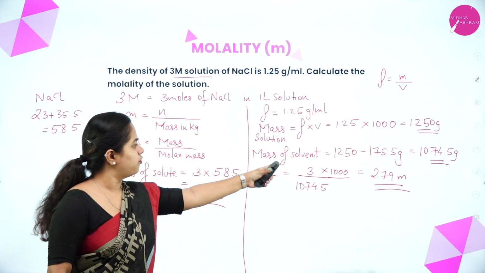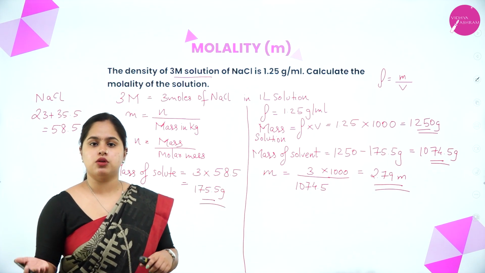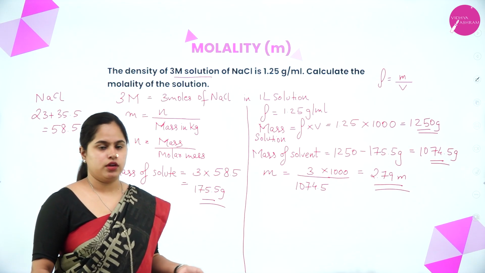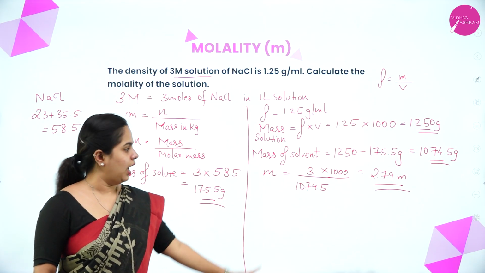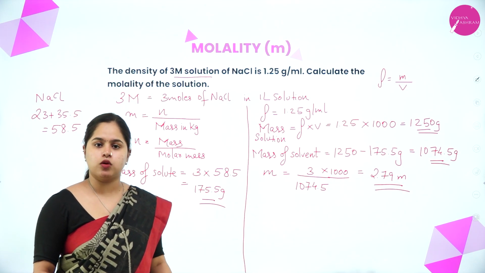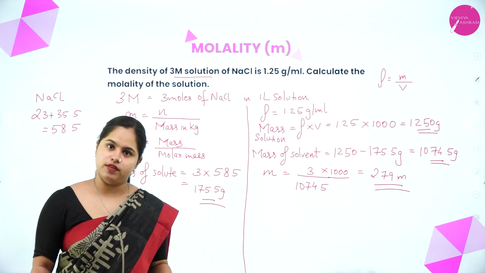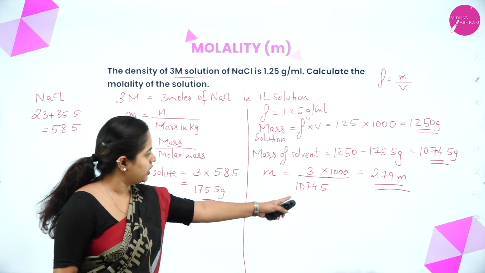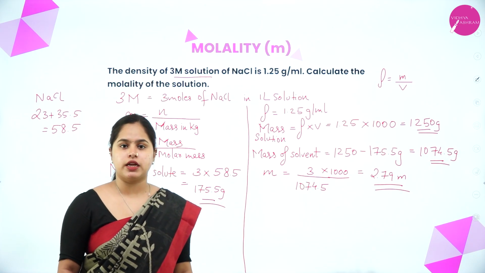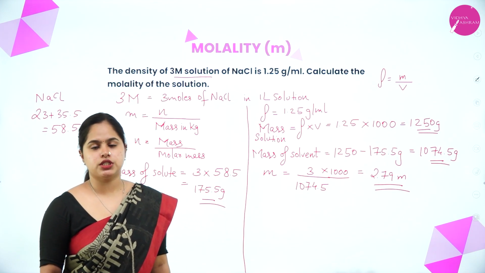From there you were able to calculate the mass of solvent, that is mass of solution minus mass of your solute. Then just put it into your equation: molality equals number of moles of solute by mass of your solvent in kilograms. It was given in grams, that is why I multiplied by 1000, which gives you the answer. I hope the question is clear for you.